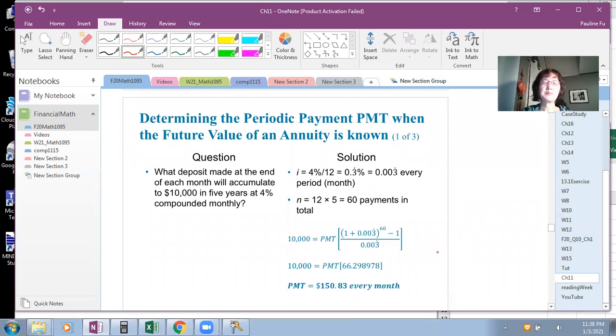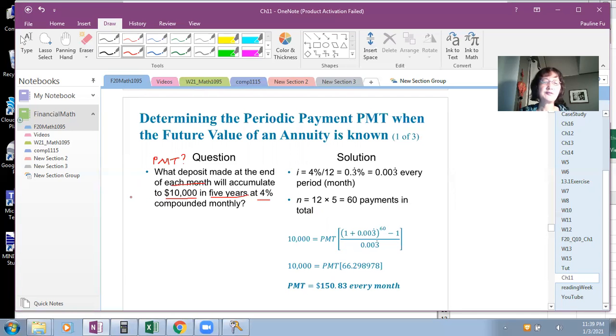Let's look at an example. What deposit made at the end of each month will accumulate to 10,000 in 5 years at 4% compounded monthly? The question asks what deposit will be made at the end of each month, so the question asks what is PMT?